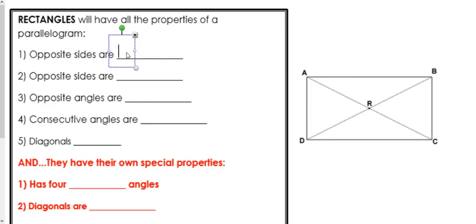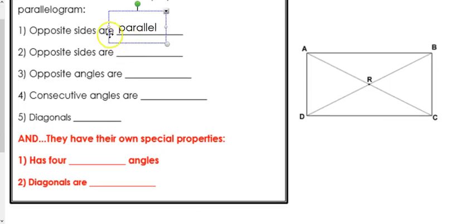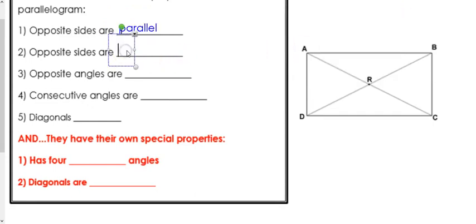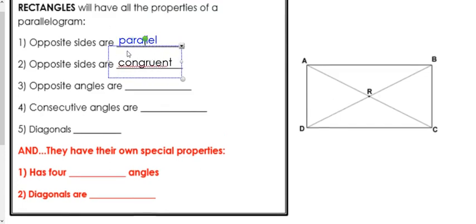So the rectangle is going to have all 5 of the parallelogram's properties. The first one of the parallelogram is that opposite sides are going to be parallel. Okay, opposite sides are parallel. Opposite sides are also going to be congruent.